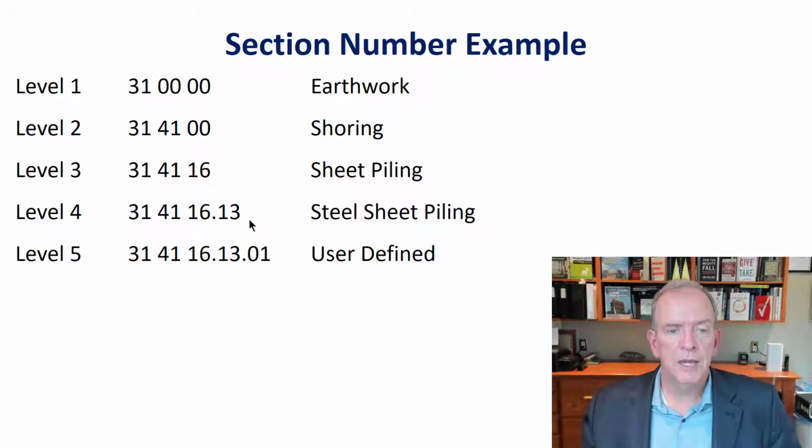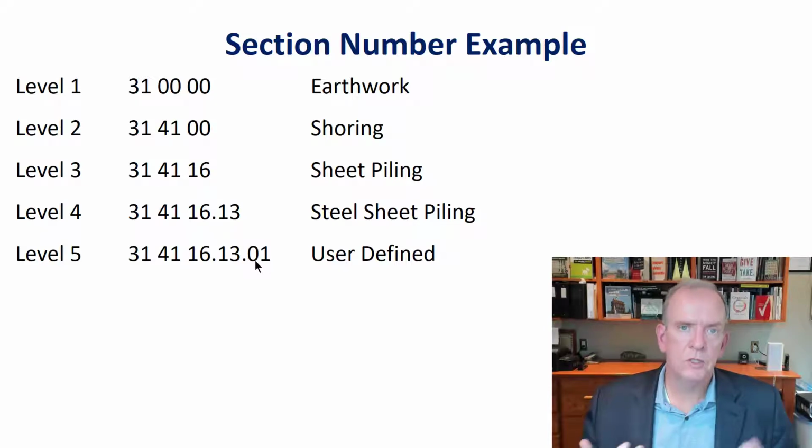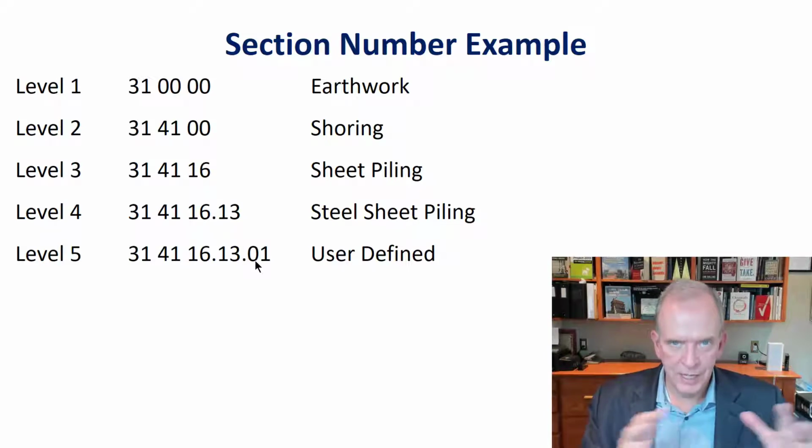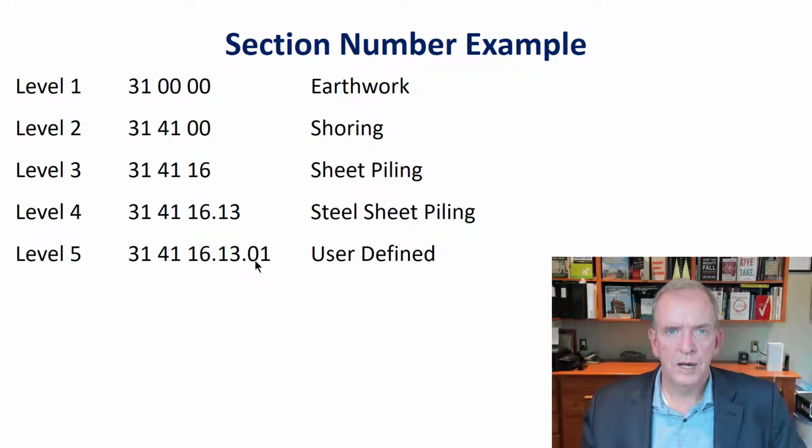And if it's something really specific to the steel sheet piling that you're using, that doesn't have a place under .13, then you would make it user defined, and that's where you create whatever specific information you want about that. It's not that you're writing specifications, but it's how you might see it indicated using the hierarchy.